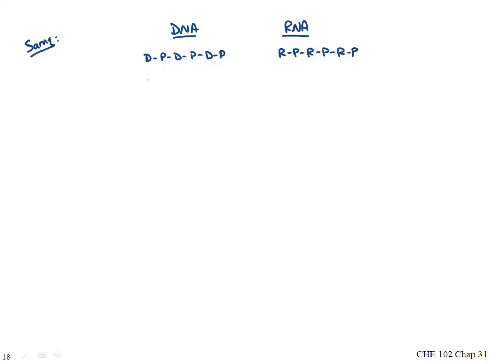What I'm trying to get at is that the backbone, for all intents and purposes, is the same enough that when you're doing transcription you can match the pairs up. The missing OH group between the D and the R in that chain is a very small difference.